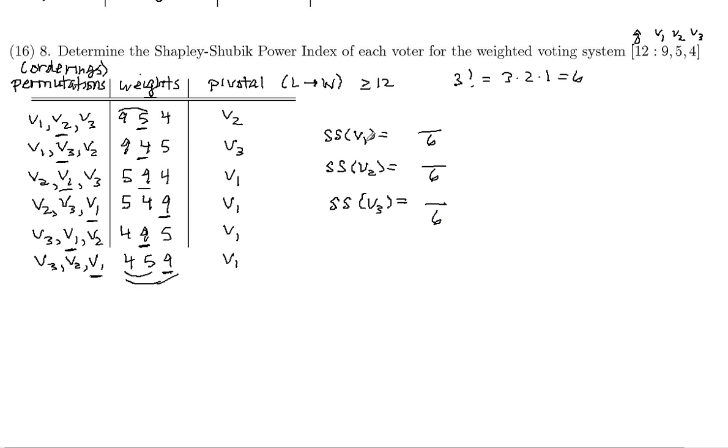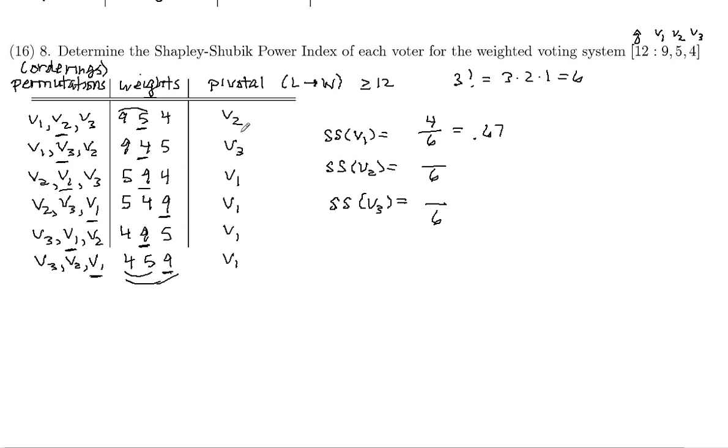And then the power index is how many times is V1 pivotal. So count the V1s in the last column. 1, 2, 3, 4. So 4 out of 6. And if you want to change that to a decimal, 4 divided by 6, 0.67. That's rounded to 2 decimal places.